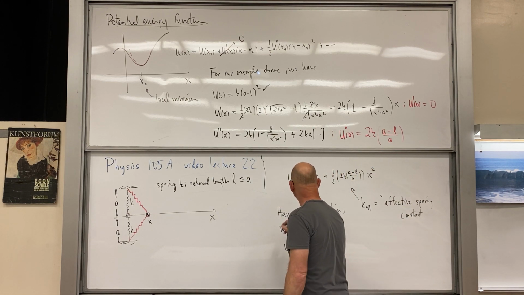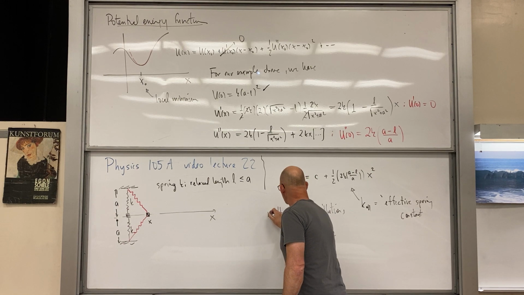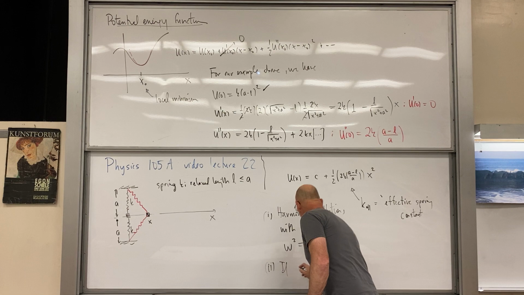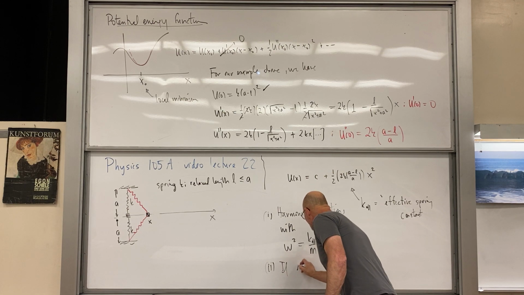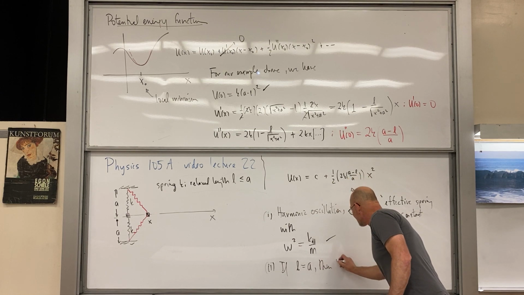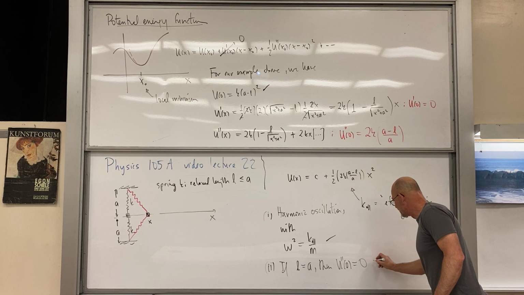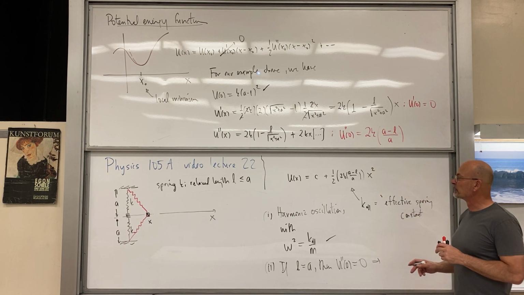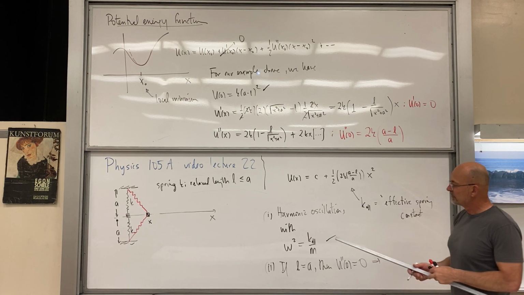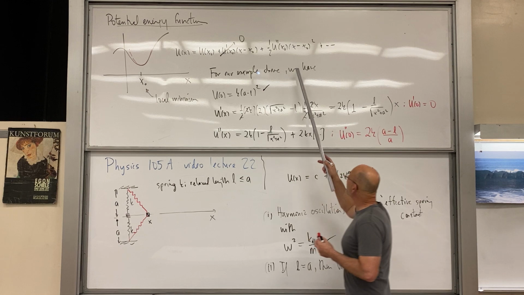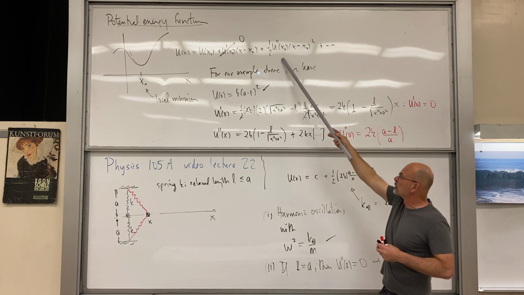So I'll even number these things, 1 and 2 here. If L is equal to A, then U double prime of 0 equals 0. Then your leading term would be the fourth order term. Because this thing's going to be symmetric, the third derivative term is going to vanish.